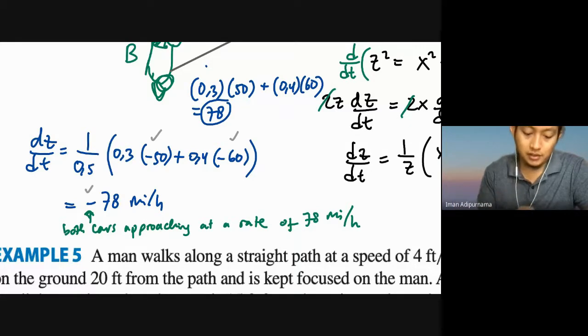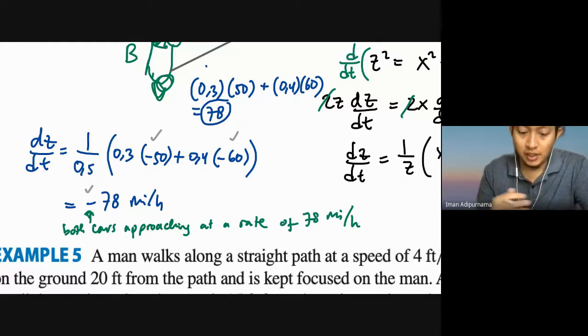I hope you don't mind positive or negative. As long as you make the definitions at the beginning the same as at the end of the calculations, you get consistency. That should be okay.